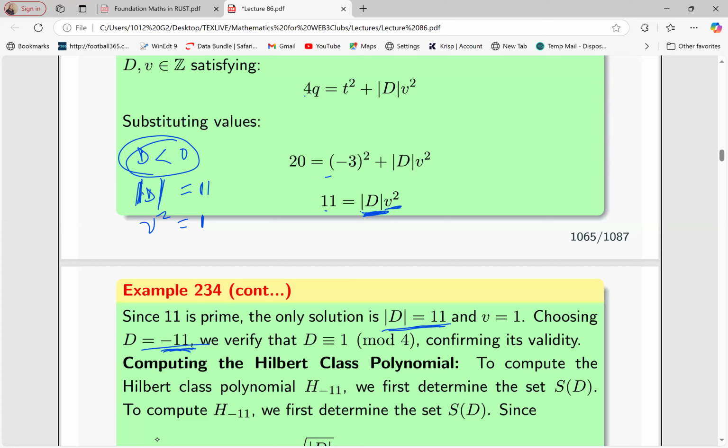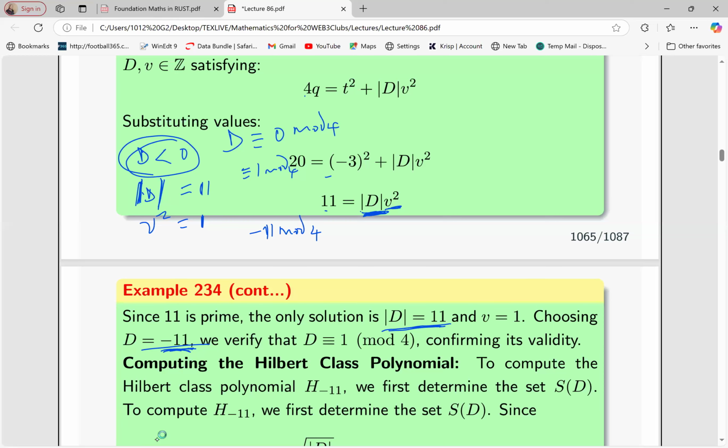Now, if you check the other condition, you would find it's satisfied. The other condition was that D must be congruent to 0 mod 4, or if that is not the case, then it must be congruent to 1 mod 4. So let's see. What is negative 11 mod 4?